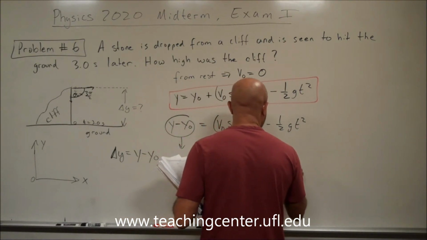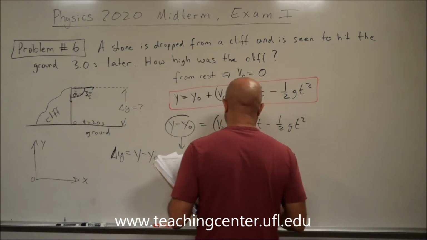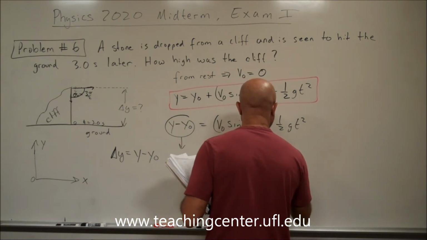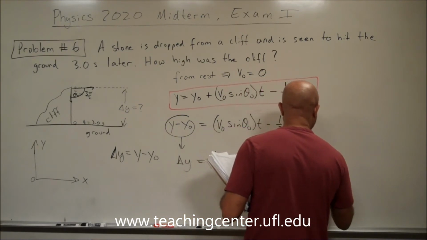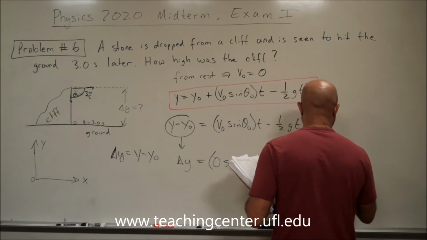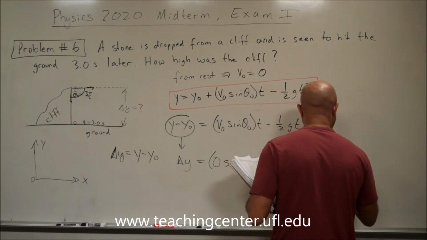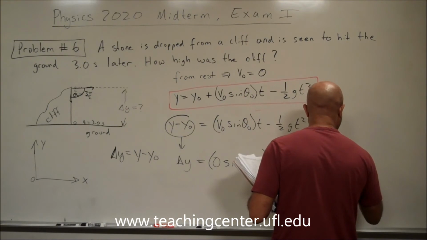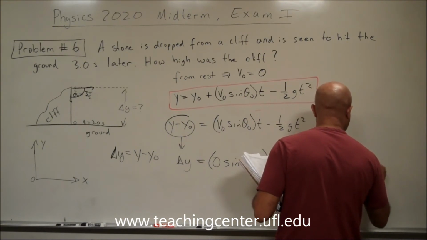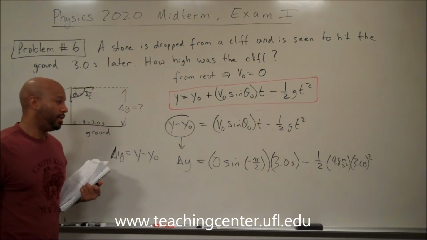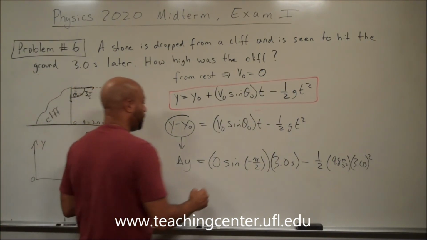Then, times the time, minus 1/2 the time, which in this case is 3 seconds, minus 1/2 times our gravity, which is 9.8 meters per second squared, times 3.0 seconds squared. That's just substituting in the numbers.